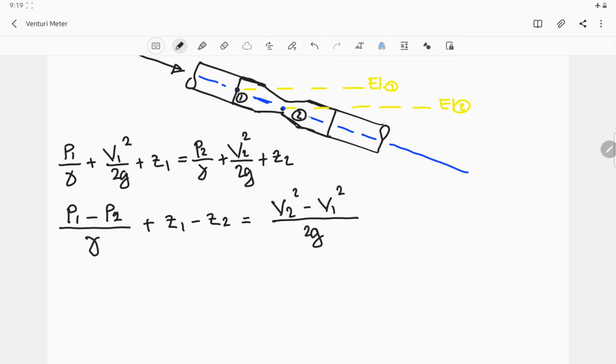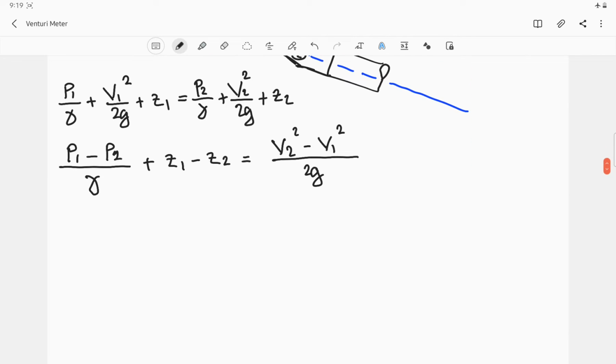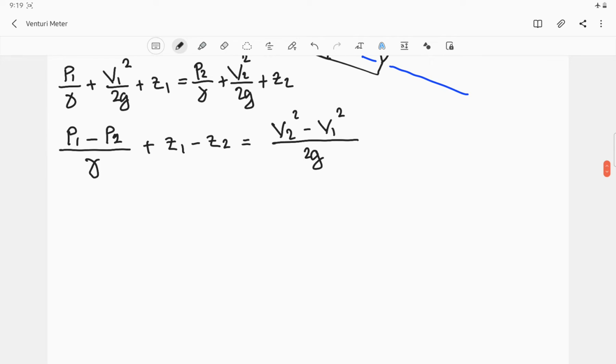So again, expressing the velocity in terms of area, or expressing V1 in terms of V2. Just like our previous equation, we can say that V1 is equal to N V2.